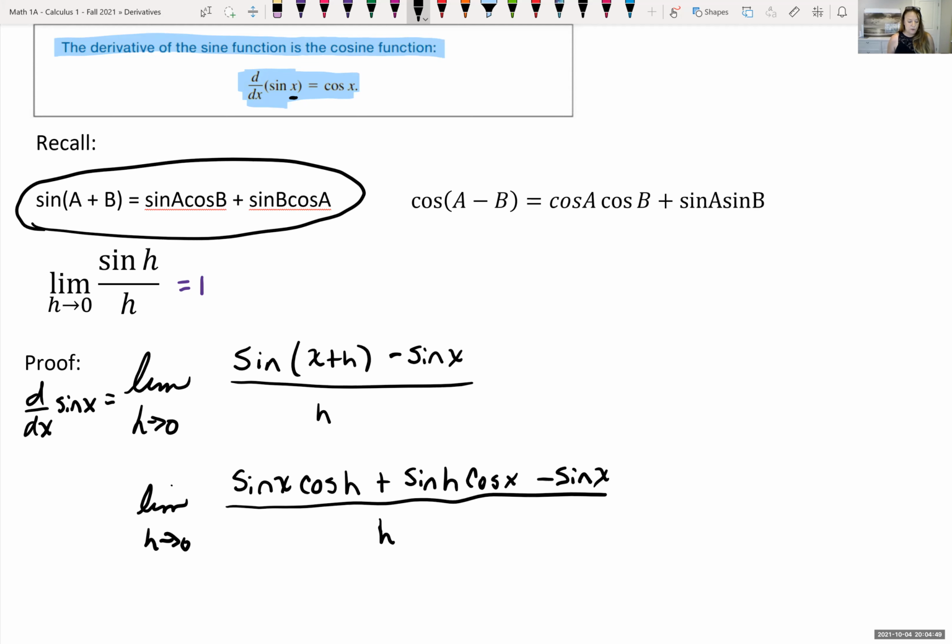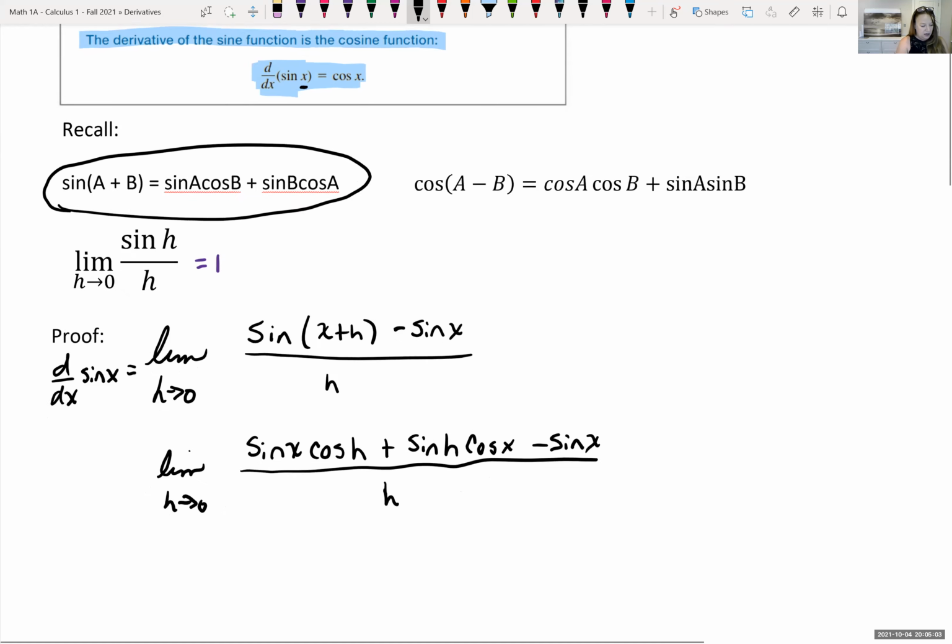So how it's written right now, I want to rewrite the numerator. I want to rewrite the order so that I can group two terms together and pull out sine x. And so this is the trick in this one.